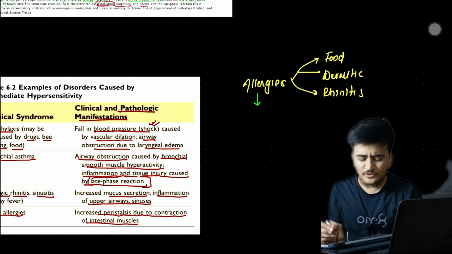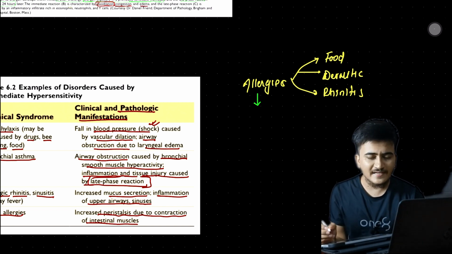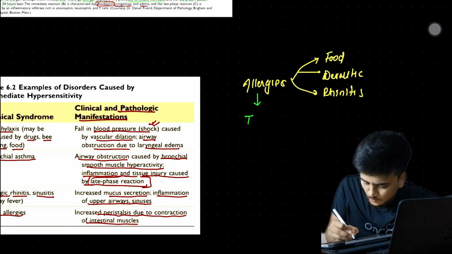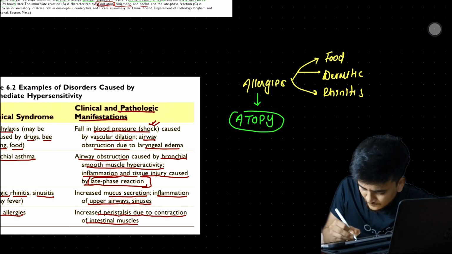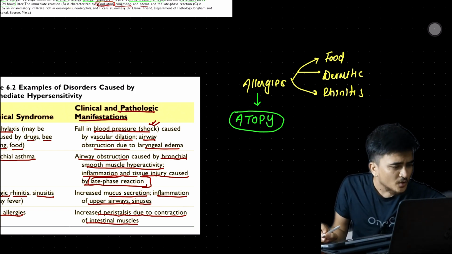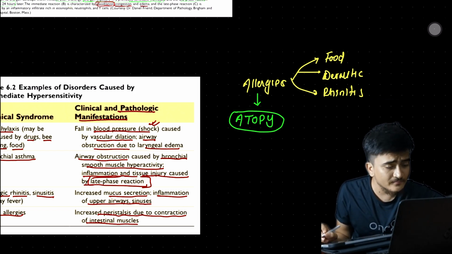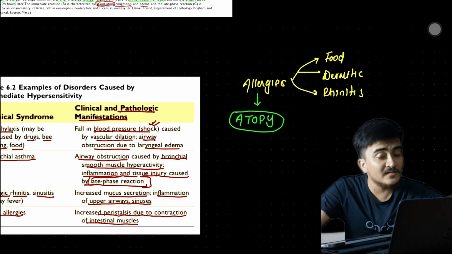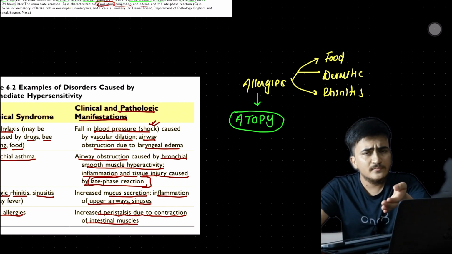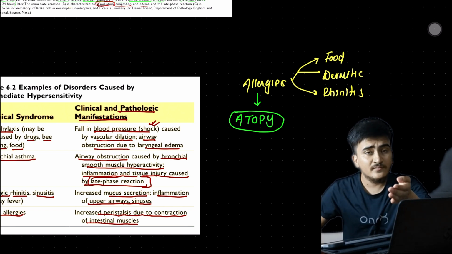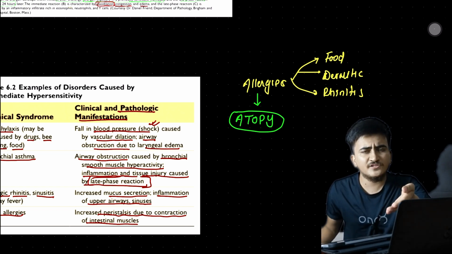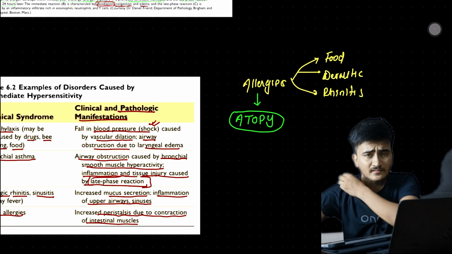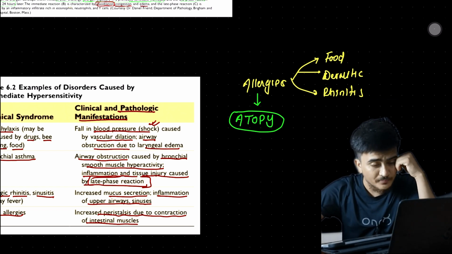There is one important term that we need to know, and that is atopy. What is this atopy? Atopy is when genes are responsible for increasing the incidence of allergy. That means if there is a role of genes in the manifestation of allergies, then this condition is known as atopy, right?